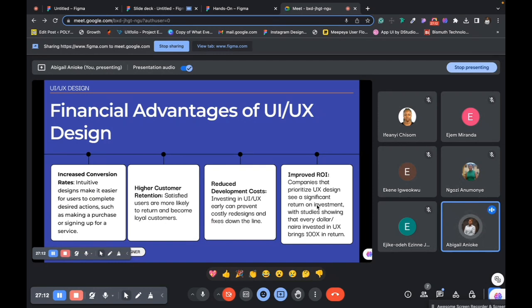Everybody likes to be heard, everybody likes to be loved, everybody wants to be seen as a very important person. So UX is just one way of telling your users that you're very important to me, and therefore I'm going to ensure that I build a product that is very, very easy for you to use.